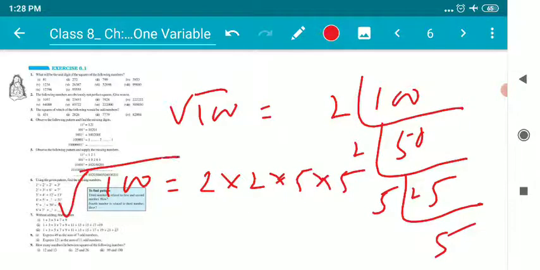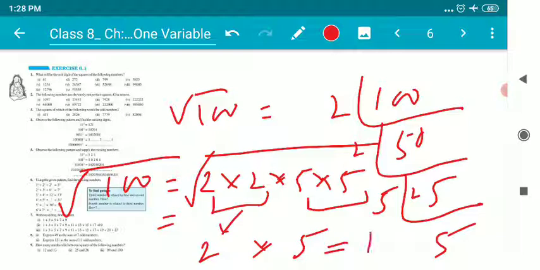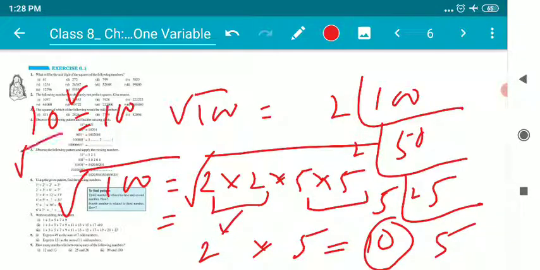Now put root over on both sides. From this pair, a 2 will come out. From this pair, one 5 will come out. So the answer is 5 2s are 10. Means 10 square is 100, or root over 100 means 10. This is how we can get the answer.